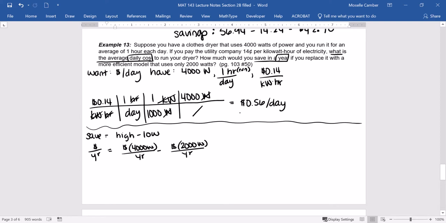Okay, so to figure out how much this first one will cost in a year, I take how much it costs in a day, and I convert my days to a year. So 56 cents times 365 is going to be $204.40. To figure out how much my new model will cost, I'm going to do the same thing here, but instead of 4,000, I'm going to have 2,000.